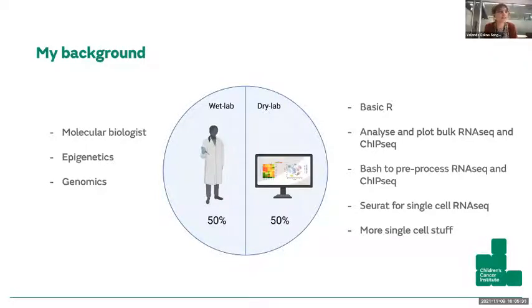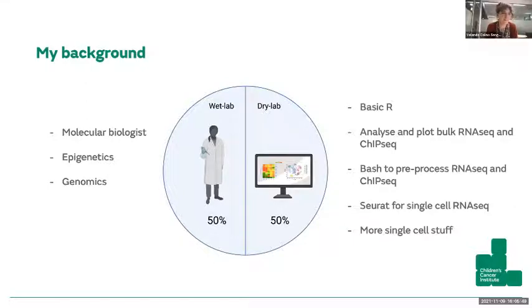And then I had to do some single-cell RNA-seq experiments, so I decided to learn the Seurat package, which is an R package to be able to do all of the single-cell analysis.